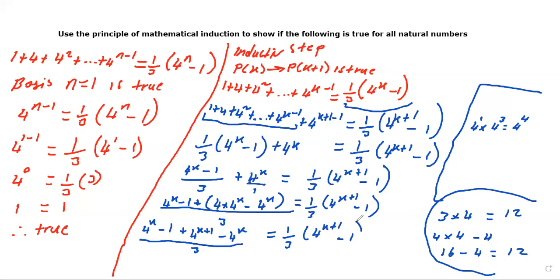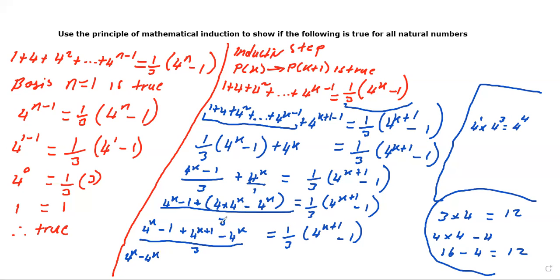All right, so at the end of the day, both sides should be looking alike. All right, now let's see what we have over here. You notice we have 4 to the k here, we have minus 4 to the k. So that will eliminate the 4 to the k. So 4 to the k minus 4 to the k will cancel out. All right, so let me just write it for emphasis. So we have 4 to the k, and take this minus 4 to the k.